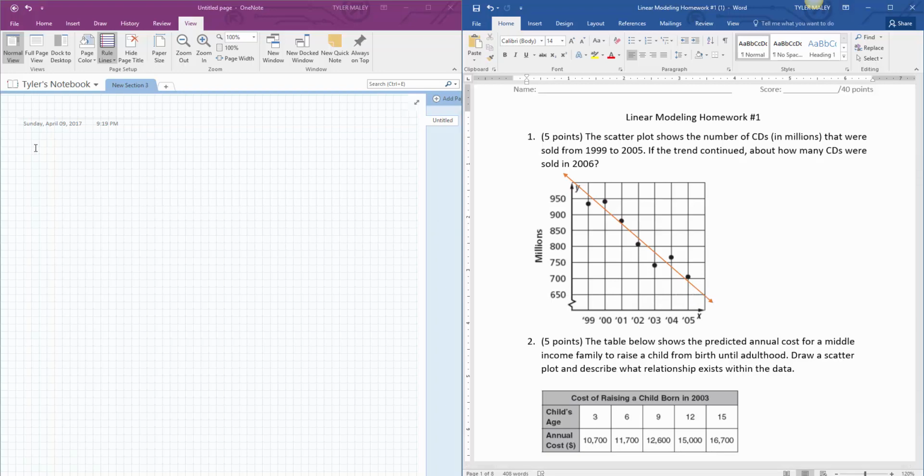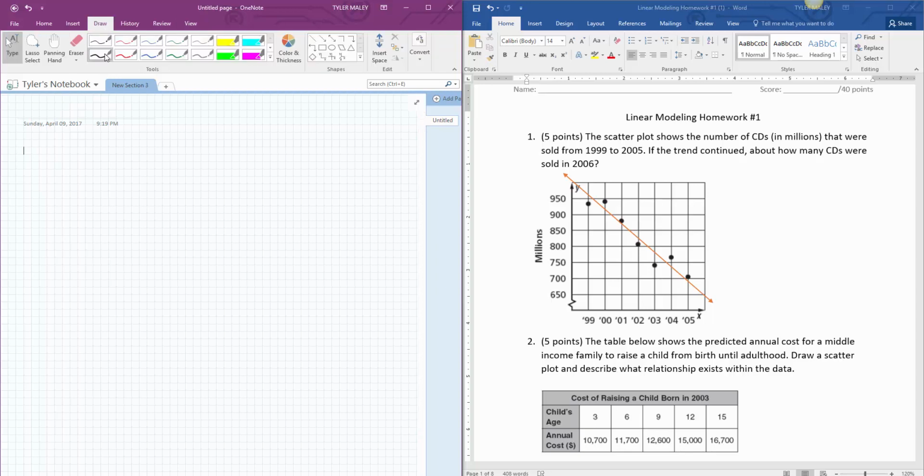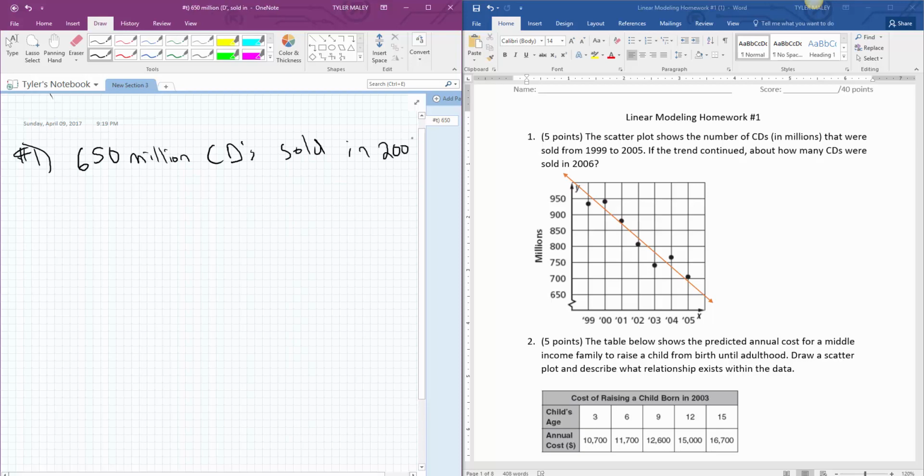So for number 1, you should have something around 650 million CDs sold in 2006. That's what we're estimating.